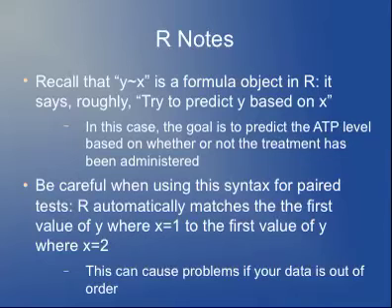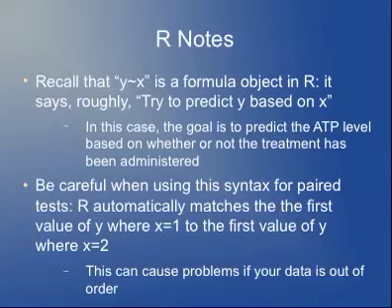Now, in this case, we're using the same syntax for t.test. We say ATP level twiddle treatment group. In general, this formula object means that you're trying to predict y based on x. In this specific case, we're trying to predict the ATP levels based on whether it's pre-treatment or post-treatment. And as I warned you before, this formula syntax you'll see several times in this course.